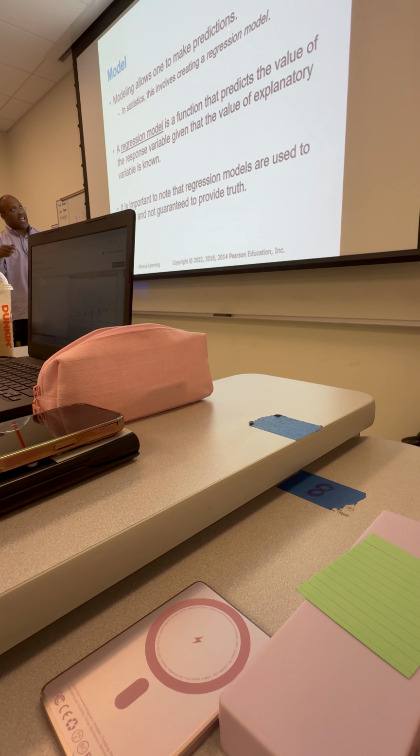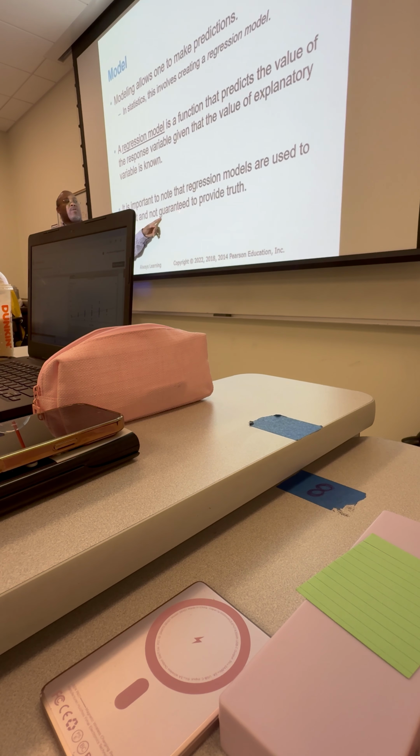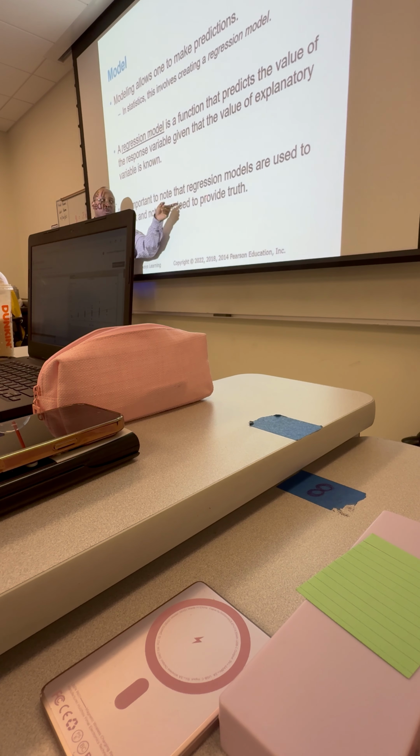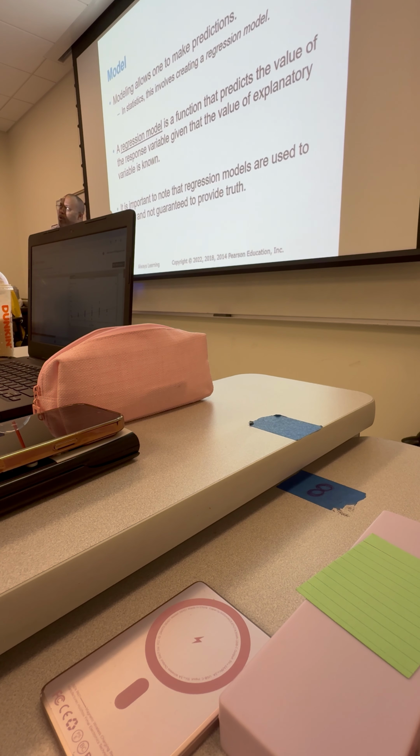They make predictions. So we're going to make a regression model, and I showed you how to use it in StatCrunch. It is important to note that regression models are used to predict and not guarantee truth. Now, we want models.